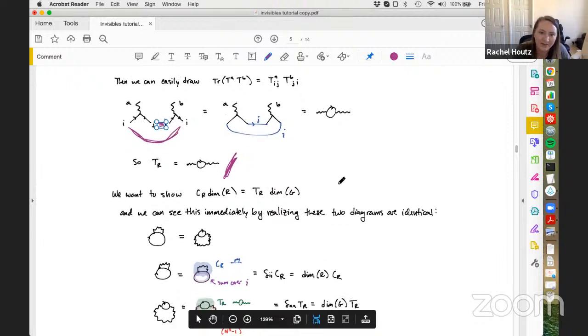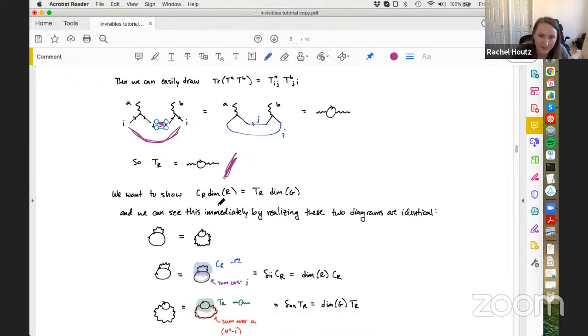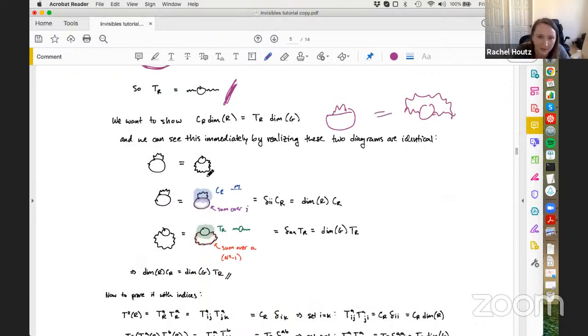And so if you want to show that this relationship is true, you can immediately show this. We have C_R and T_R, and we can immediately show this relationship by closing this and closing this and realizing that these are the same diagram. So I've written that more neatly below here.